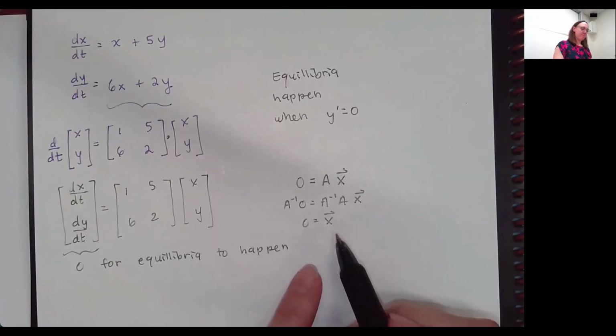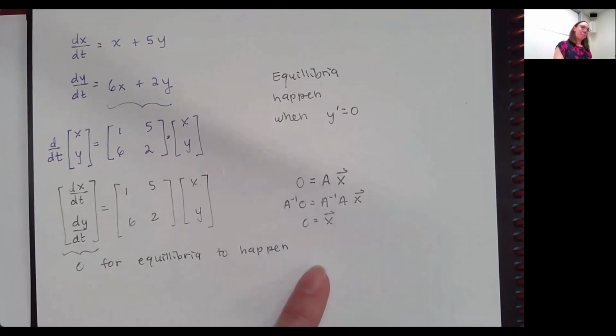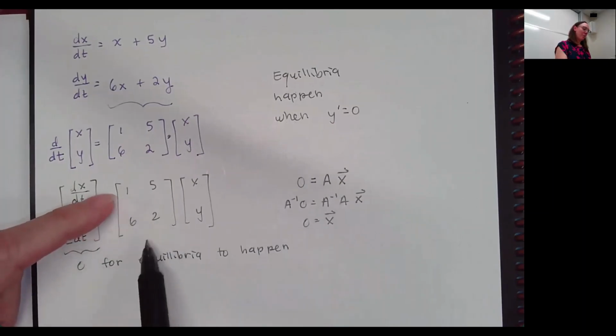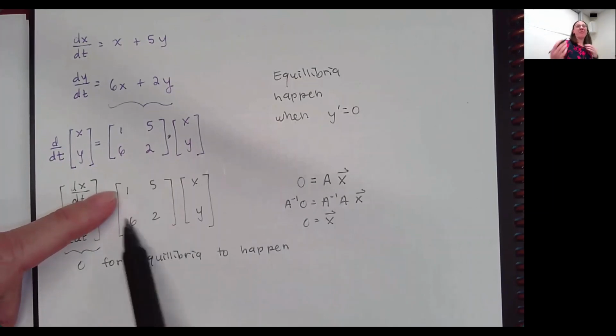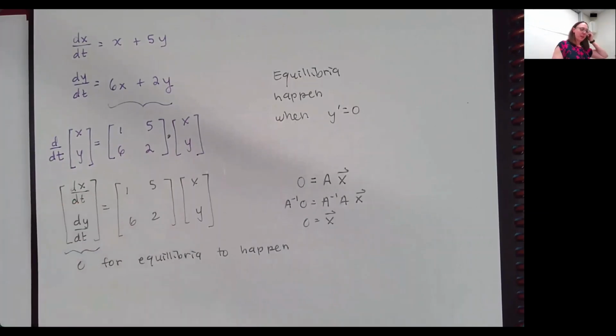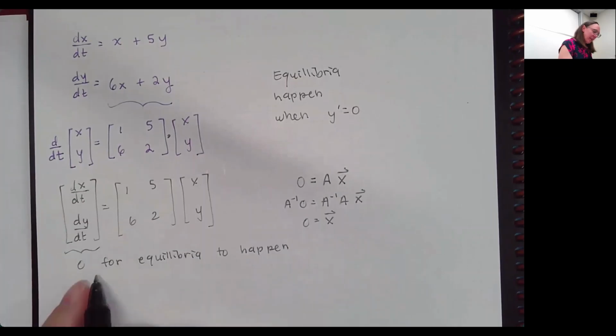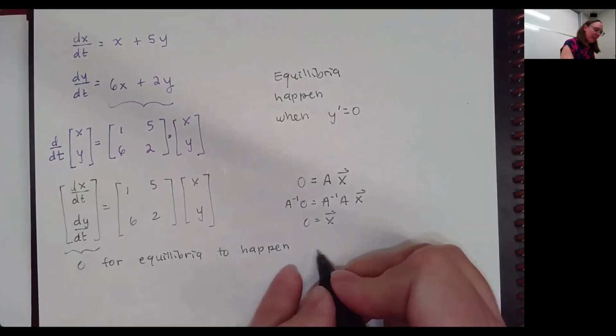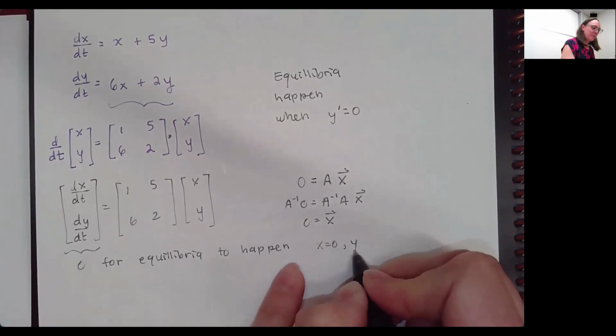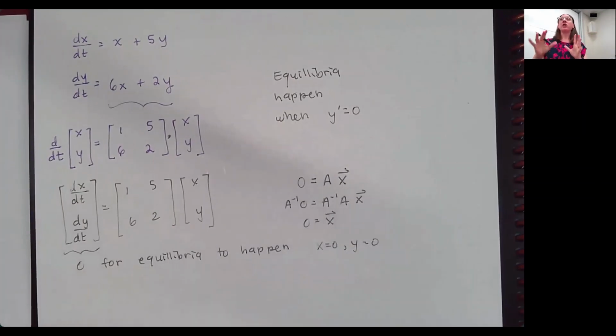And you can't set terms. Well, I can't set the determinant to 0 if I already have values in there. So for equilibria to happen, X has to be 0 and Y has to be 0. Now, we're going to do some nonlinear differential equations next week.